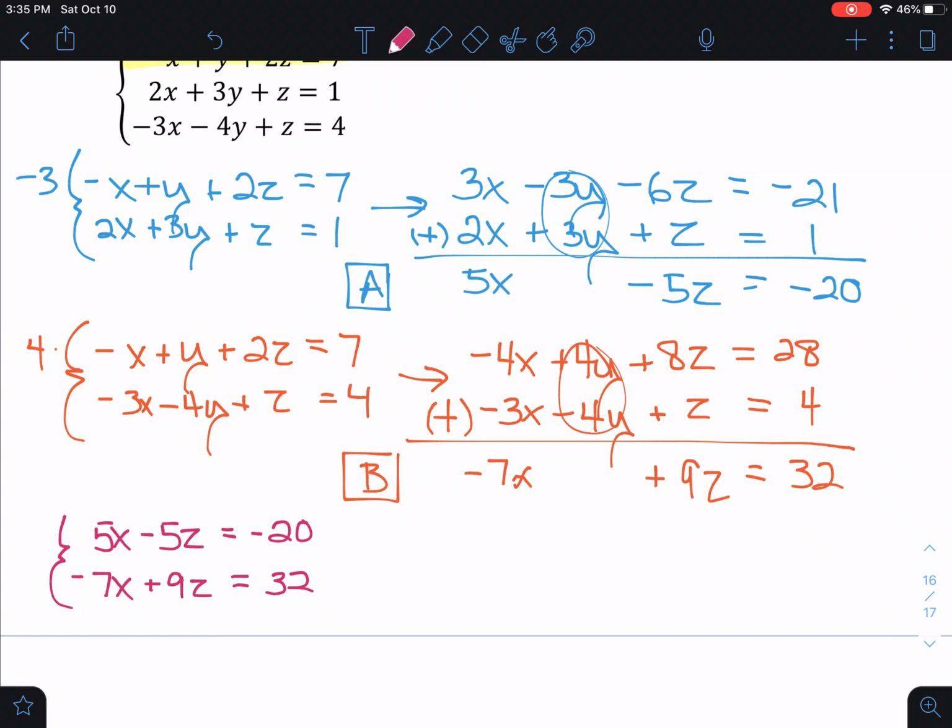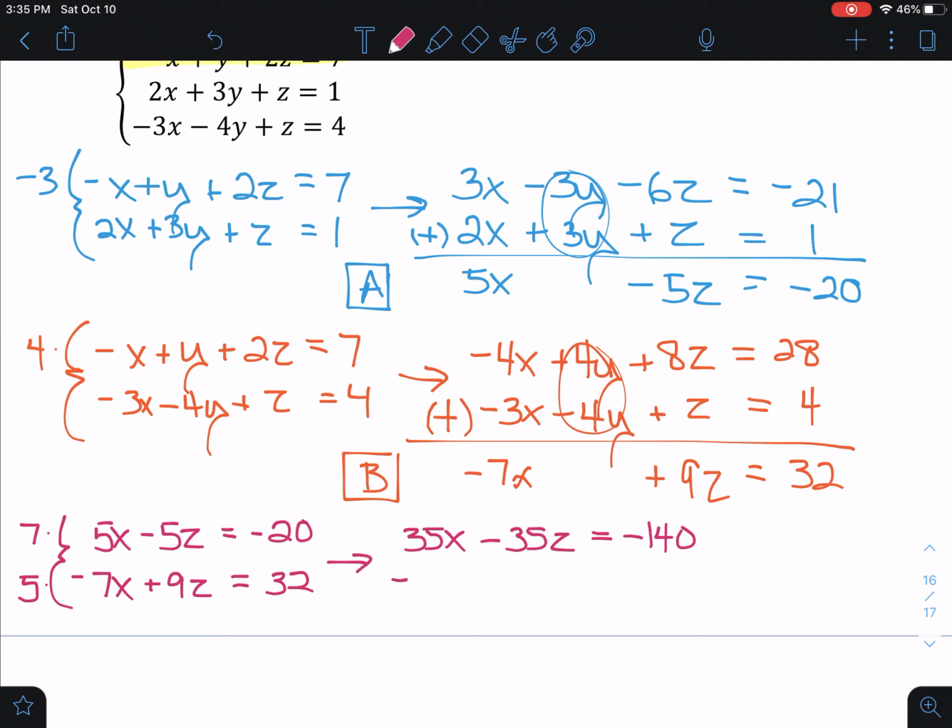Okay, so they both go into 35, so I'm going to make this one positive 35x and this one negative 35x. All right. So this will give me 35x minus 35z equals negative 140.